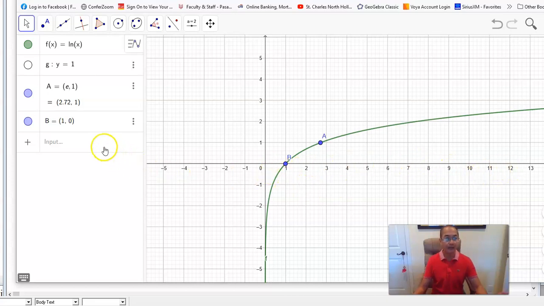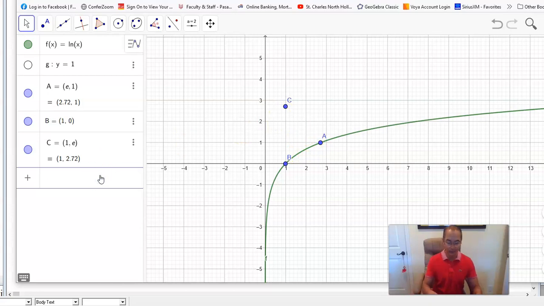Now, we know exactly 2 points on ln of x, so we also know exactly 2 points on the inverse function. So we switch x and y, so instead of (e, 1), we have (1, e). So that is the twin point of (e, 1). And instead of (1, 0), we have (0, 1). So that is the twin point of (1, 0).